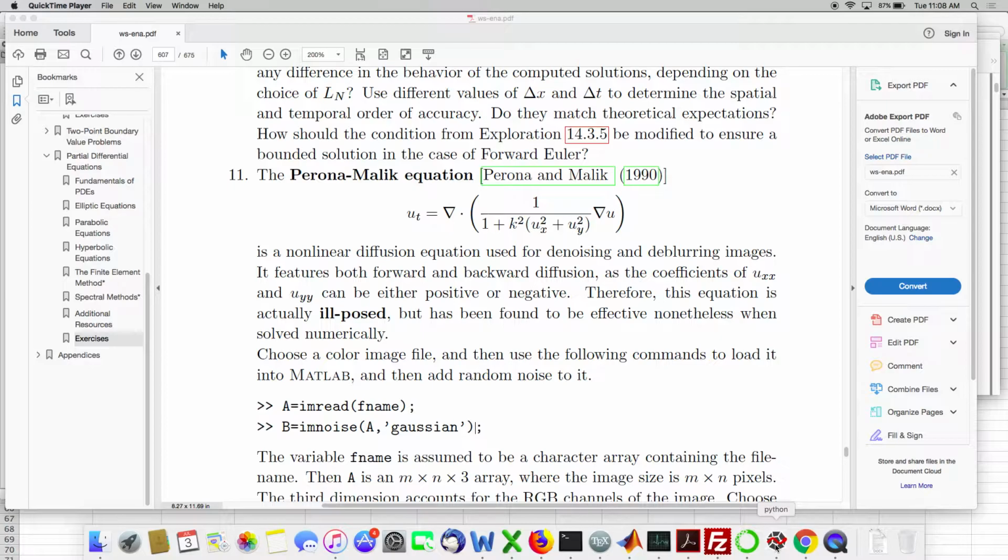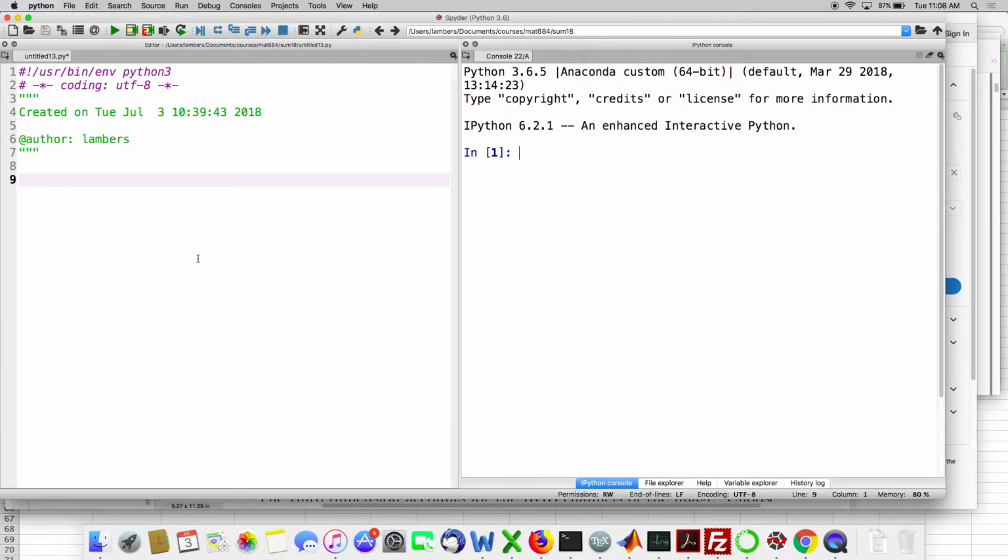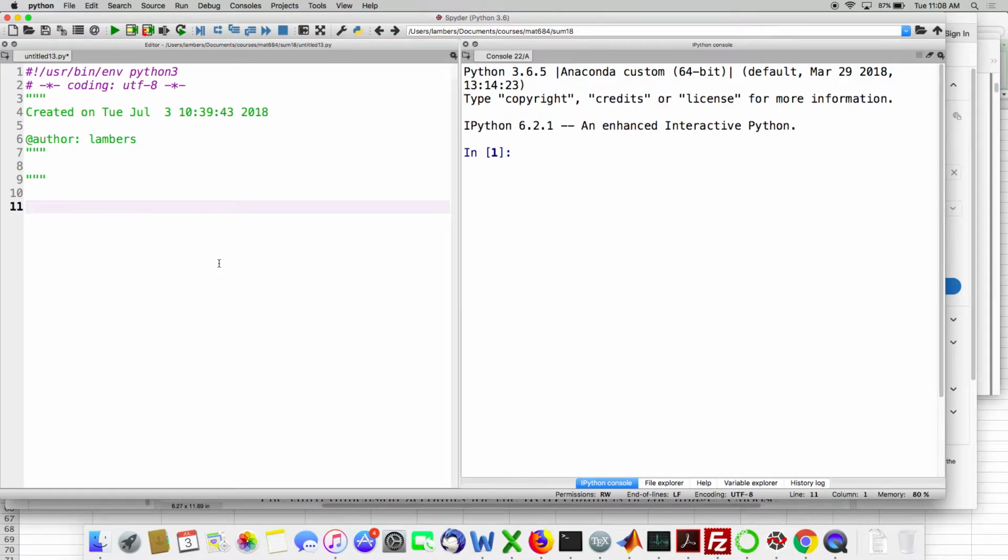Well, I'll just type into my usual Python editor in the comments here. All right, so the Perona-Malik equation. Now I'm going to take a one-dimensional form of it just for simplicity.